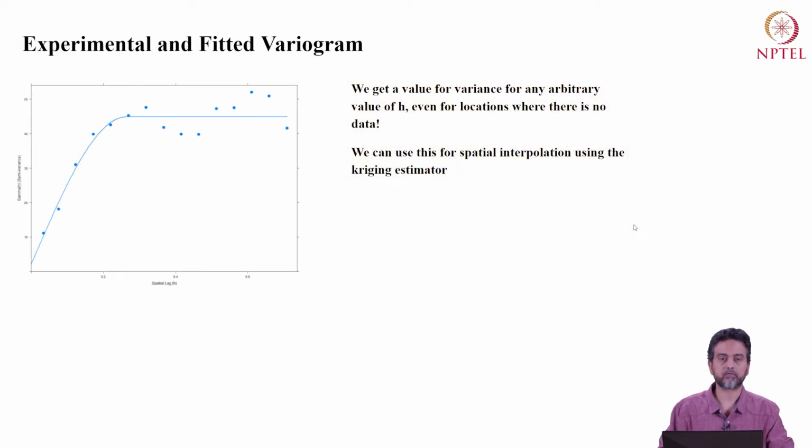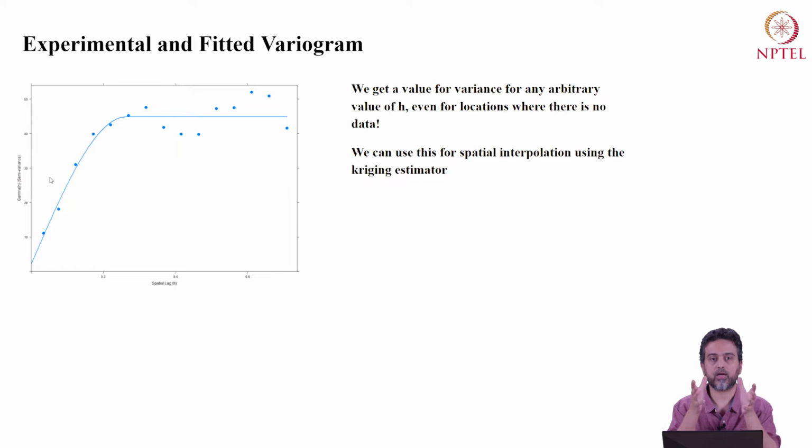Remember, this is as far as we had got last time. This set of blue points is your experimental variogram for groundwater levels. This line is the fitted model variogram, for which we used a spherical variogram model. What does this give us? Why does it help to have a smooth line fitted to these points? Now for any value of h, even between these points, we can get a value of semivariance.